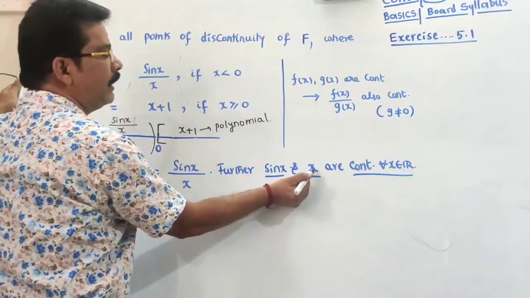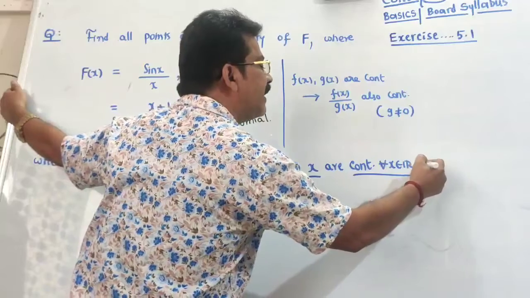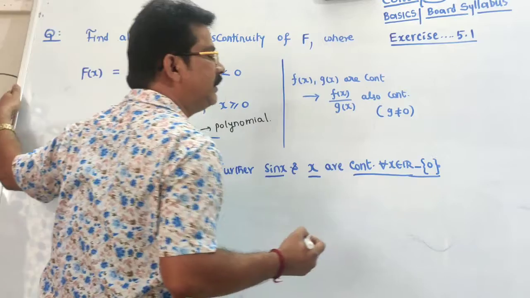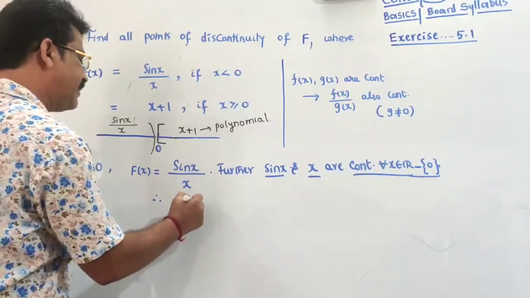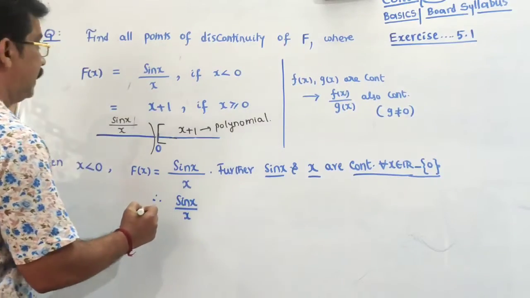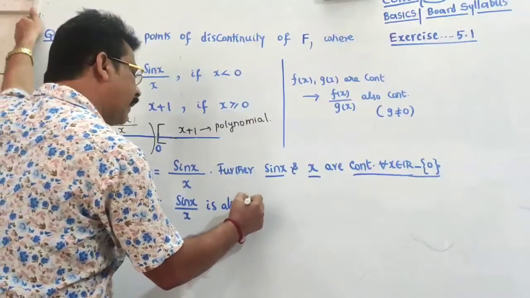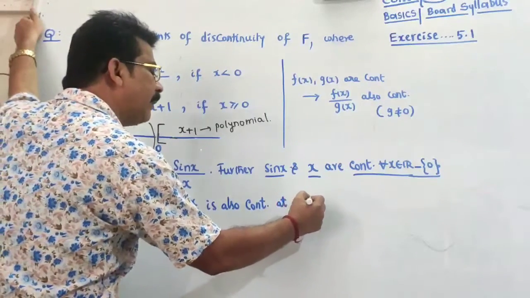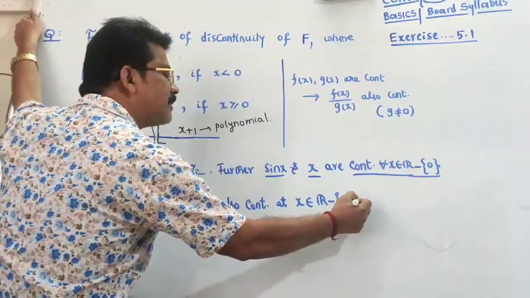So therefore x is in the denominator, so we can write the common domain as R minus 0. So therefore sin x divided by x is also continuous at x belongs to every real number but except 0.